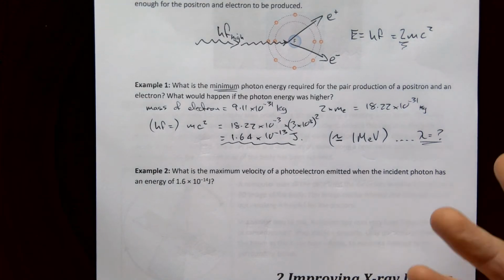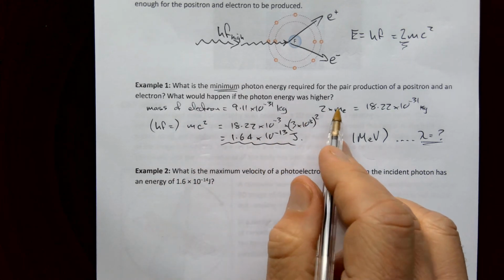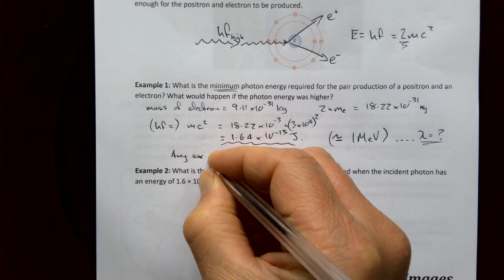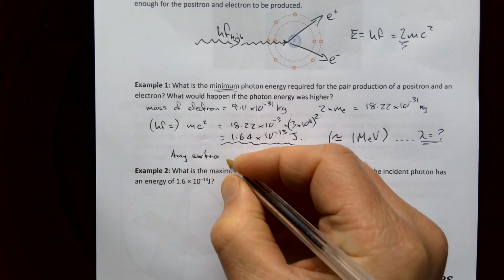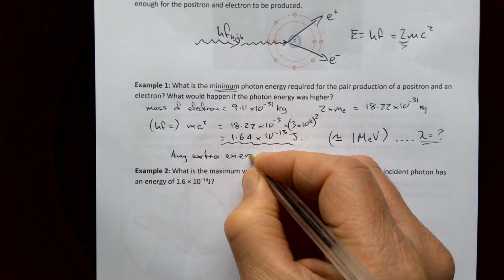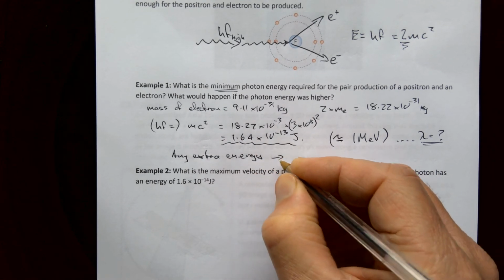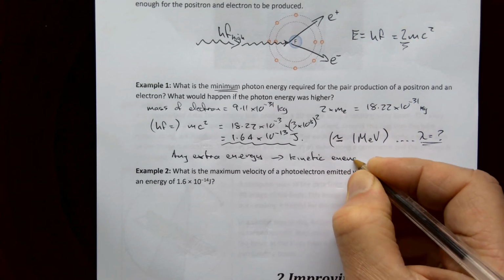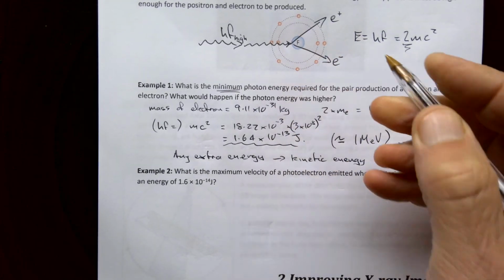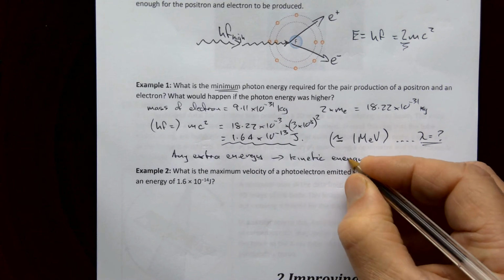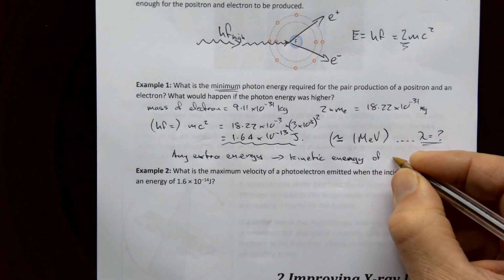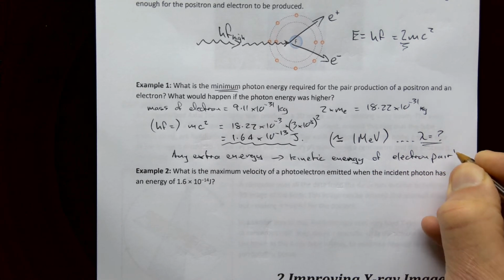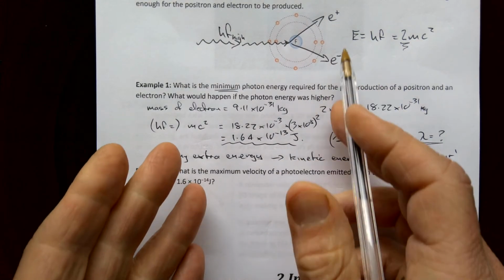So, second bit of the question, what will happen if the photon energy was higher? Any extra energy turns into kinetic energy. Of what? Again, ignoring the fact that energy may be lost to the nucleus, well, it will be, of the electron pair, i.e. the two of them together.